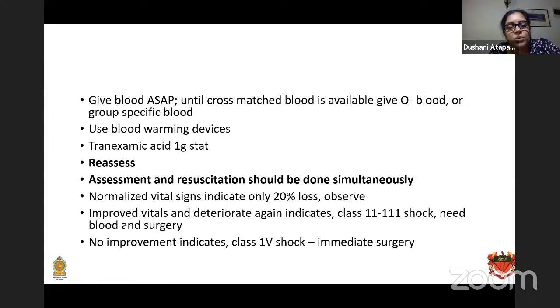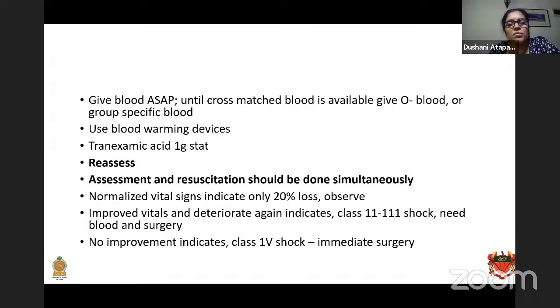And if initially it's improved and then deteriorates again, then that means the patient may be in a class 2 or 3 sort of hemorrhagic shock. And these patients need more fluid resuscitation and then surgery, to stop the bleeding, whatever the bleeding source.